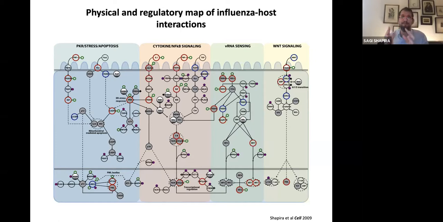And that can tell us about what cellular factors are important for completing the viral life cycle, but also what cellular factors are important for the response to infection. And not just this work, but there's a very long literature from many labs that have shown that discovery of these cognate physical interactions is really critical in guiding discovery of those cellular factors that control infection.